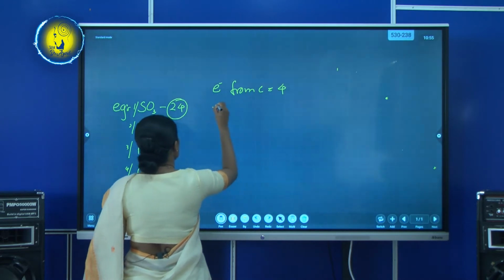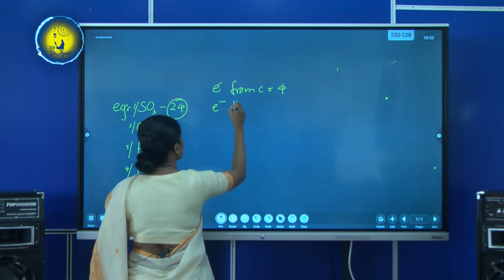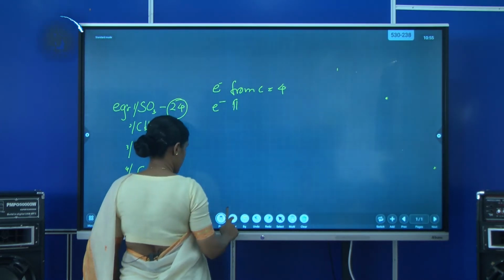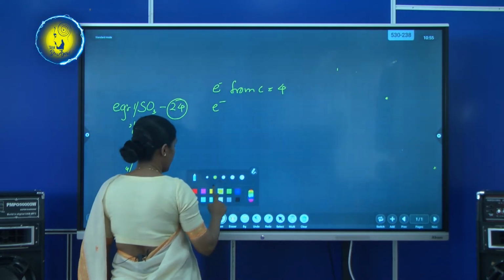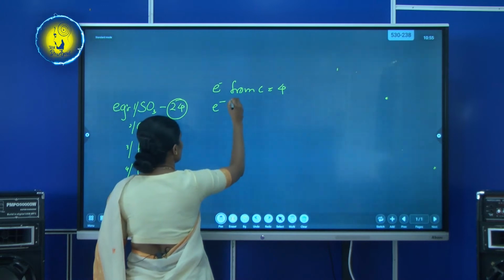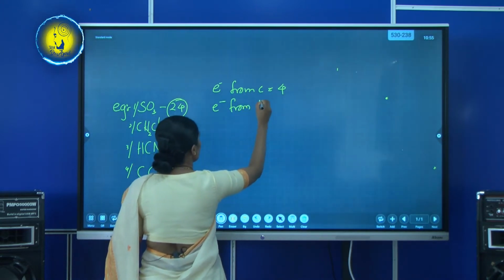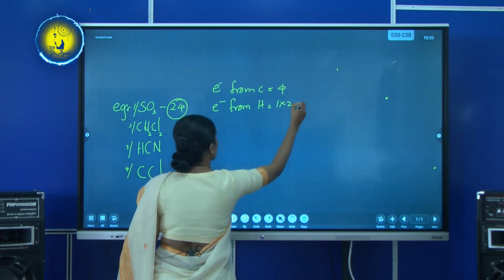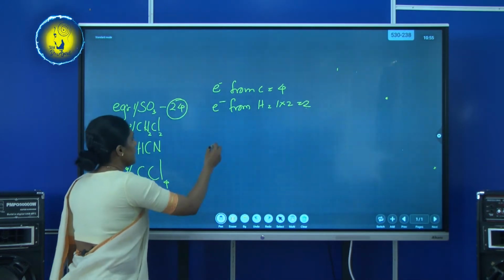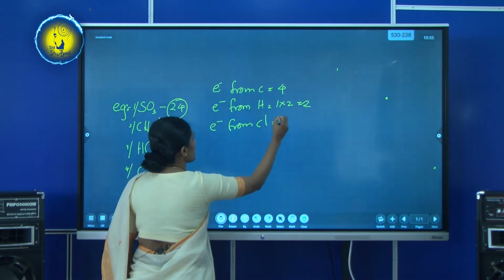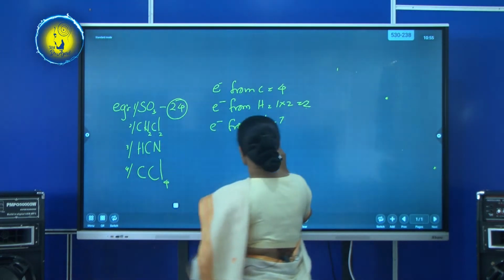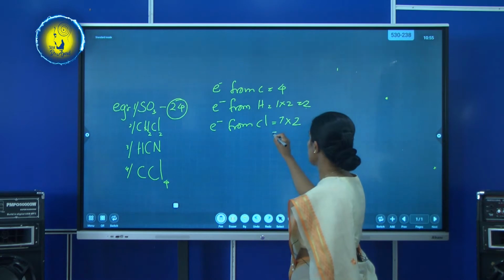4. Electrons from hydrogen? 1. But there are 2 atoms, therefore 1 into 2, answer is 2. And electrons from chlorine? 7. There are 2 atoms, so the answer is multiplied by 2.